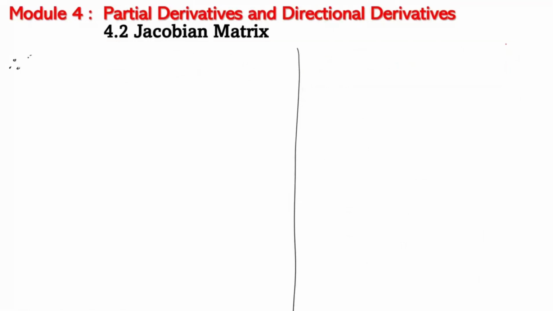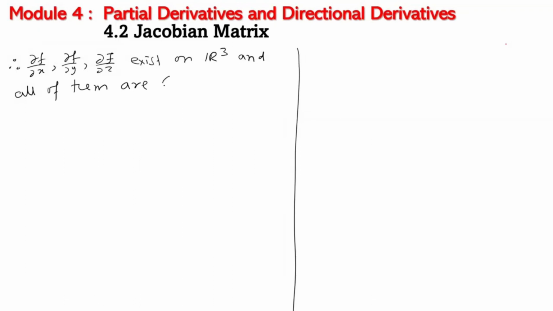Therefore, del f del x, del f del y and del f del z exist on R3 and all of them are continuous.